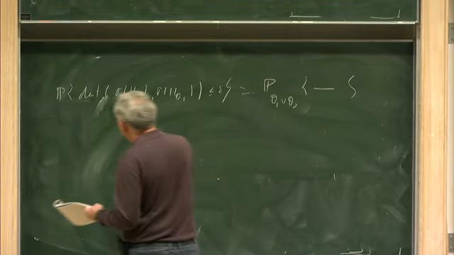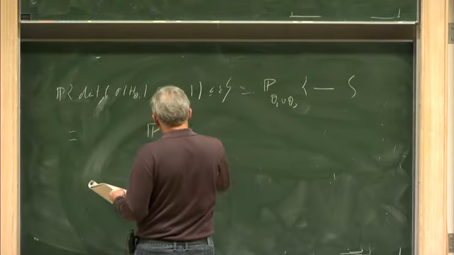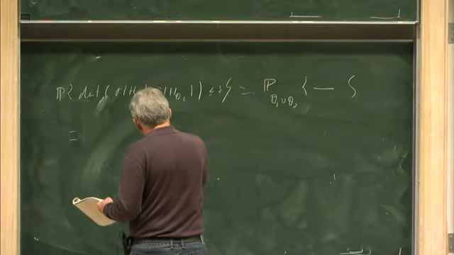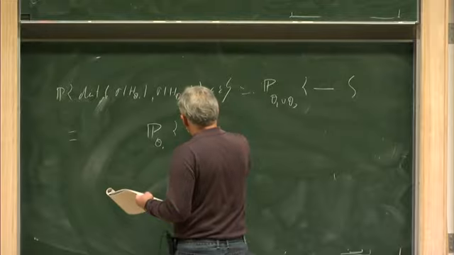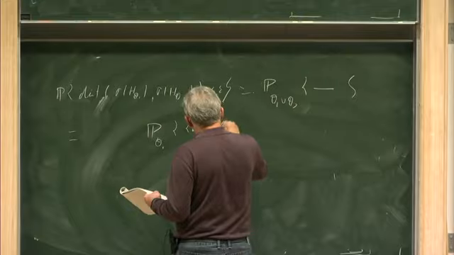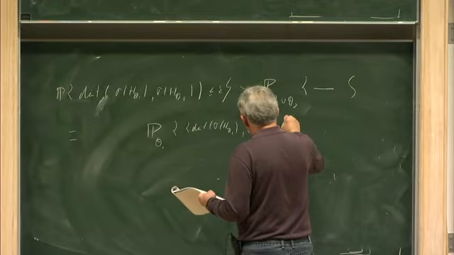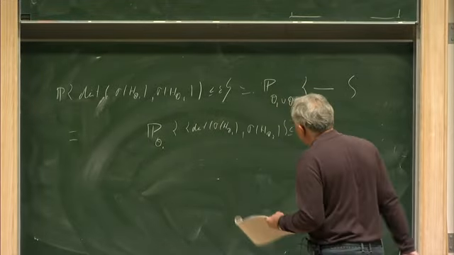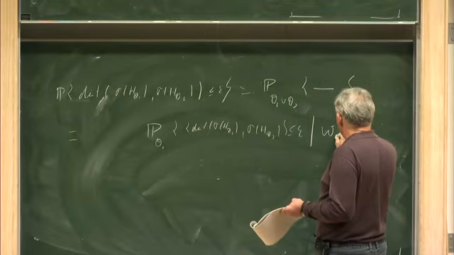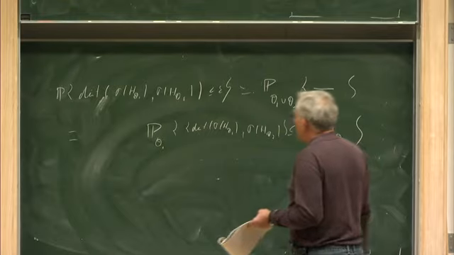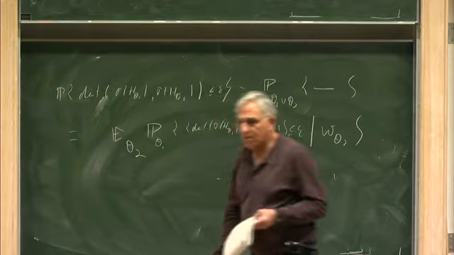Well, but then, since they are independent, I take the probability with the random variables in theta 1 that the distance between the two spectra is less than epsilon, conditioned. And since they are independent, I really fix the values of the random variable theta 2. And then I just have to finish by taking the expectation of the remaining random variables.